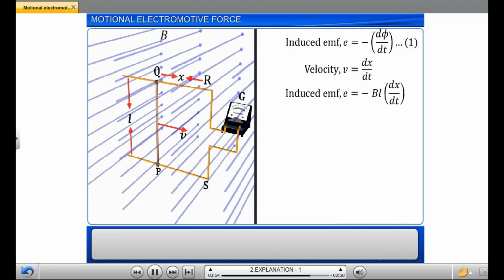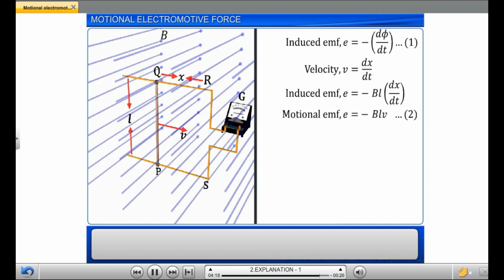As dx by dt represents the velocity V of the conductor PQ, we can write electromotive force E is equal to minus BLV. Let this be equation 2. The induced EMF E is also called the motional EMF in this case.